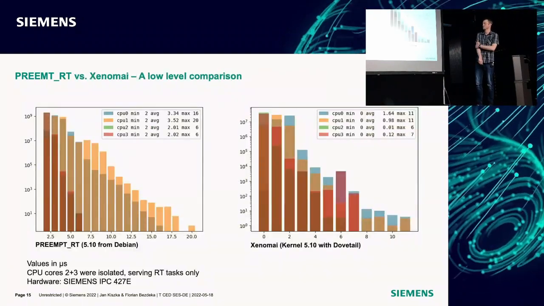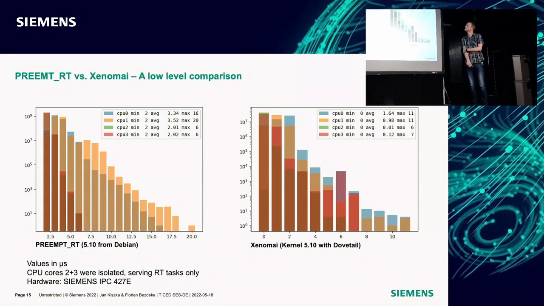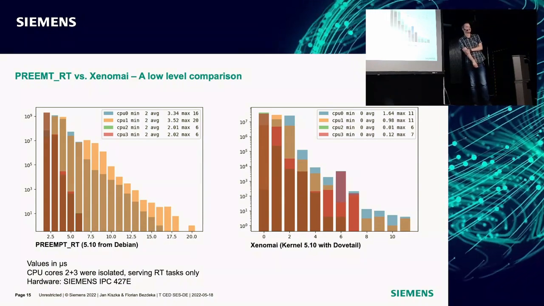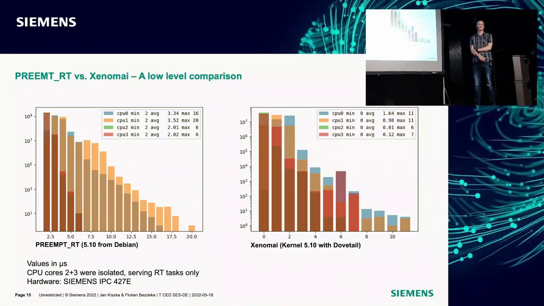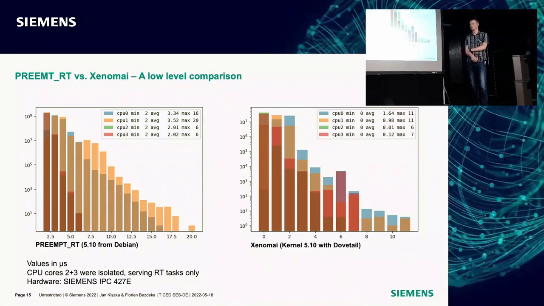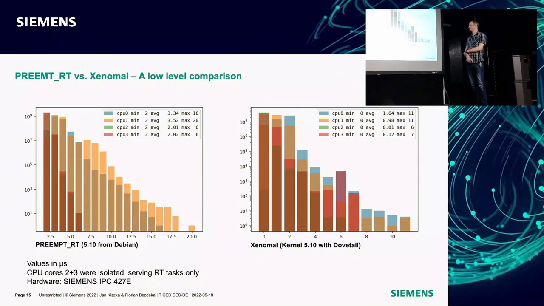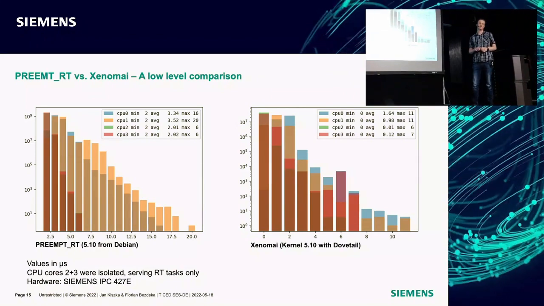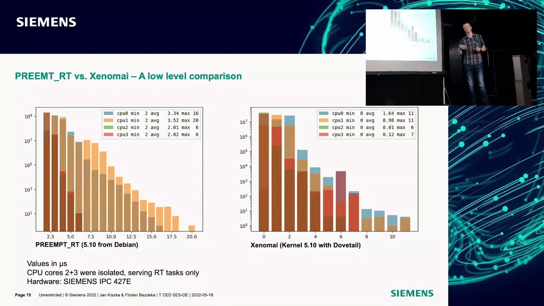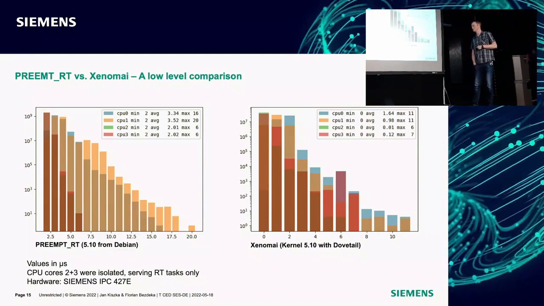And because it was overdue for several reasons, we did a complete set of low-level tests for both platforms, so for Preempt-RT enabled systems and for Xenomai. This is the result of the low-level comparison that we did, because it summarizes the situation quite well.